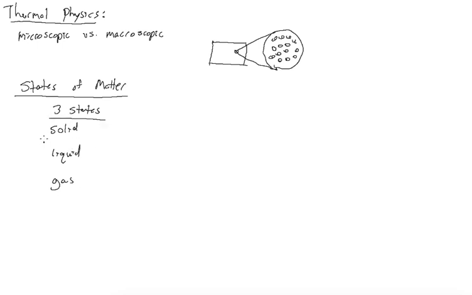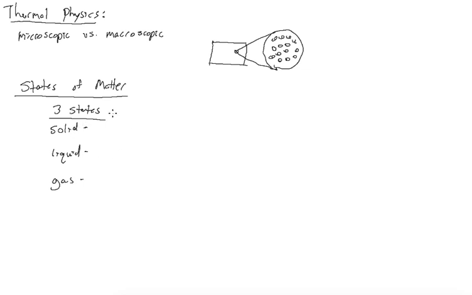And you may have heard other ones like Bose-Einstein condensation or plasma to make this a total of 5, and that's fine. We'll discuss them, and then I'll give you the more modern physics view on these things. It's not really what you need to know for this class, but it's interesting nonetheless to keep in the back of your mind that this is not really what is thought of as states anymore.